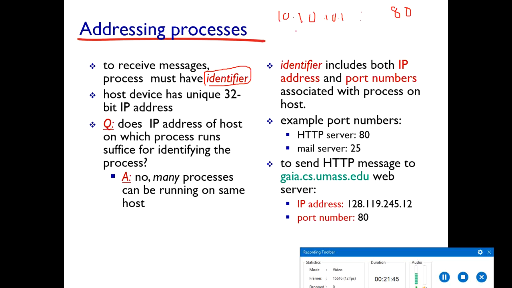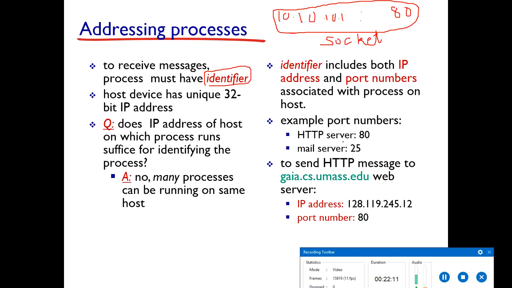Now the combination of the IP address and the port number is called the socket address. So the combination of the IP address of the host and the port number of the process, when combined, is called the socket address.